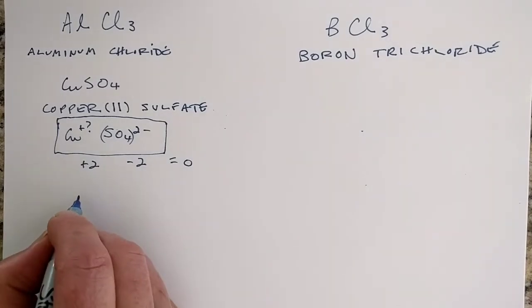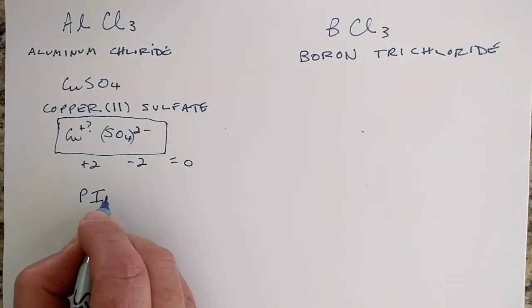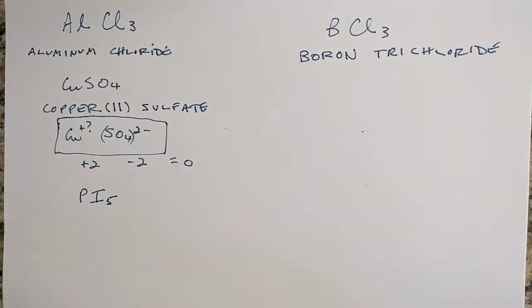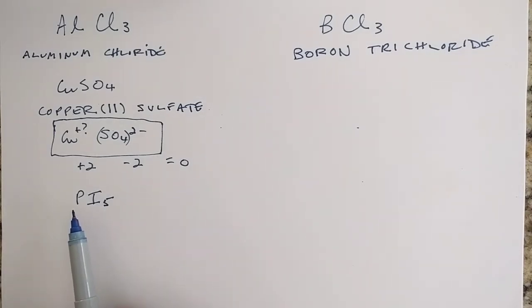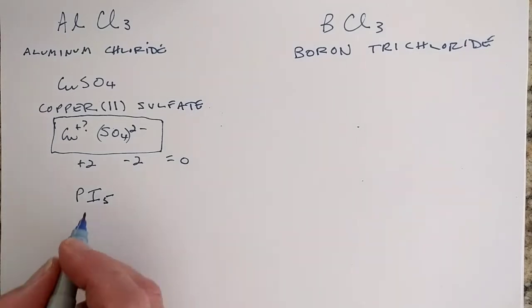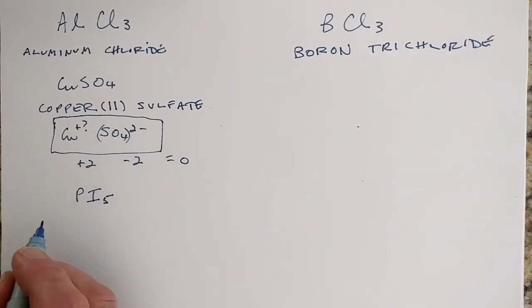All right, our next example, PI5. So we look at where phosphorus is on the periodic table, and we see that phosphorus is to the right of the staircase. So now we just use the prefix system. We don't care about charges, doesn't matter. We have one phosphorus, so we don't need the mono.